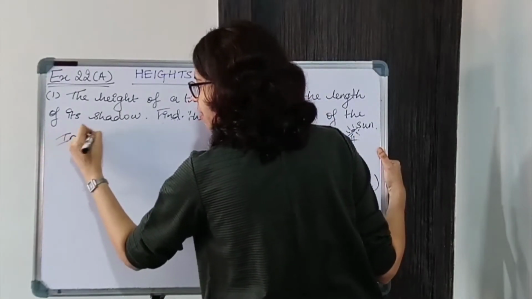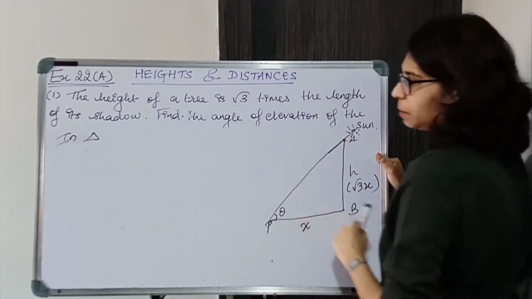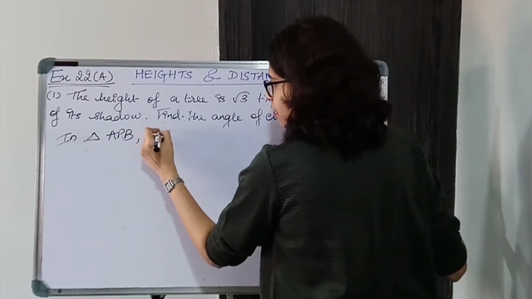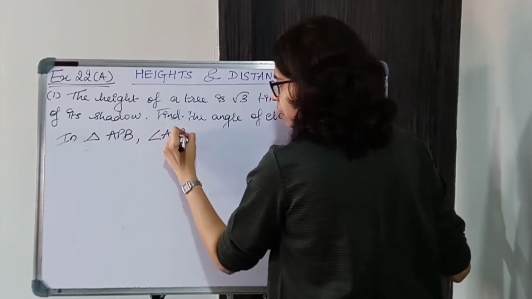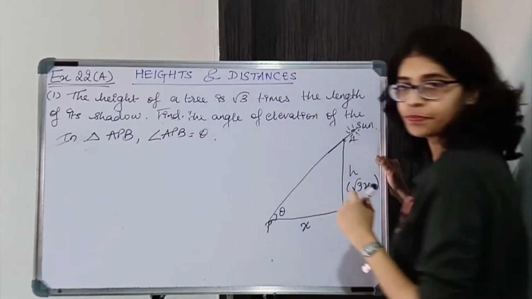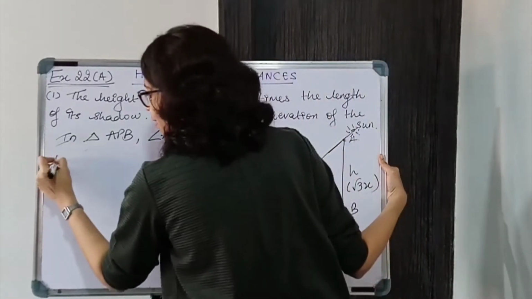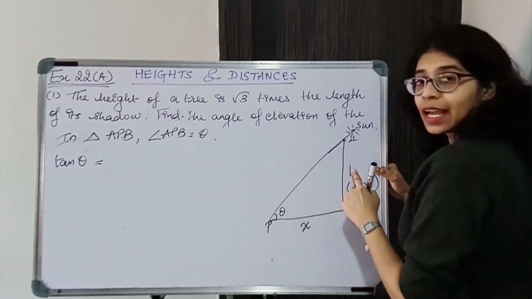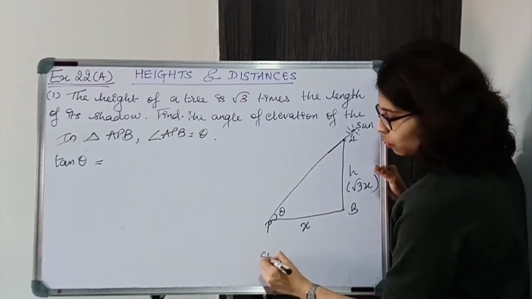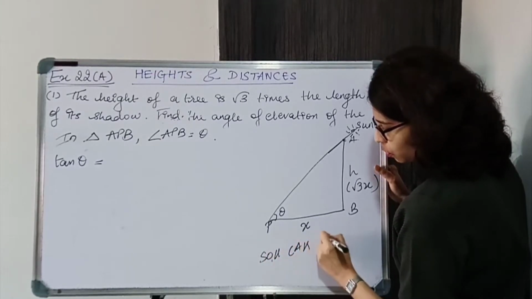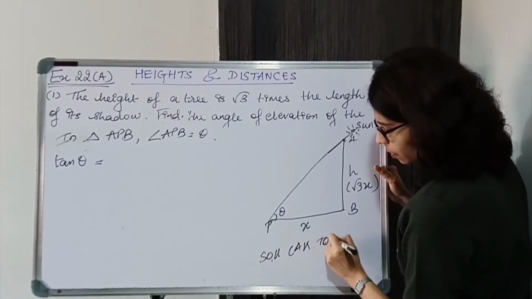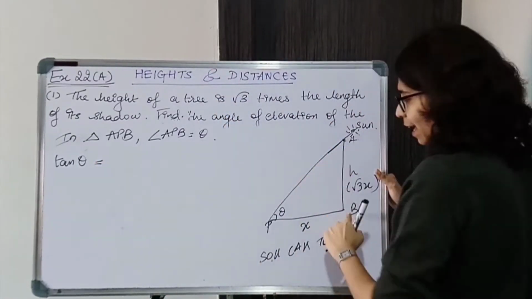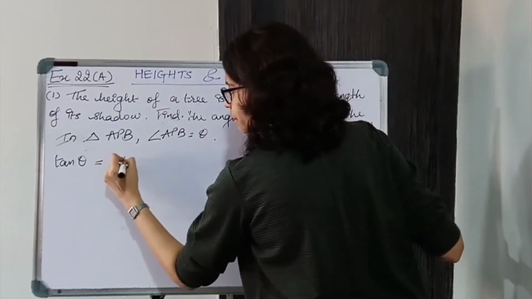So in triangle APB, angle APB is equal to theta. Now tan theta is equal to, what is tan? It is opposite upon adjacent. So it will be AB upon BP.